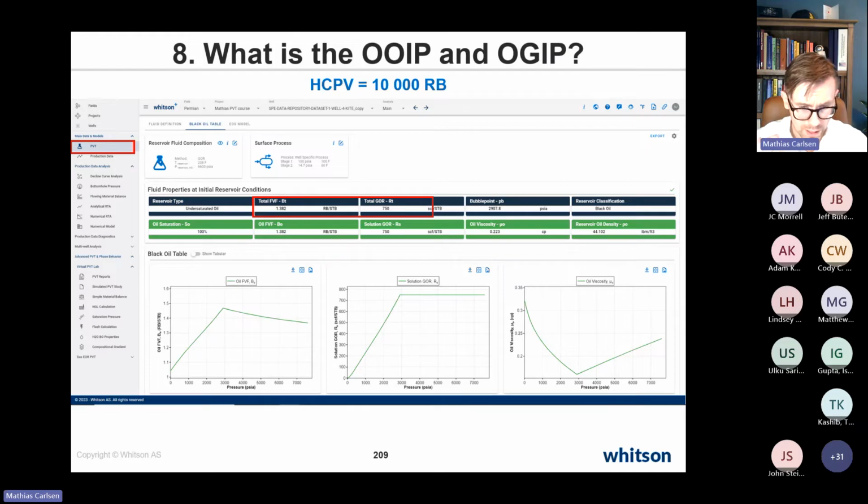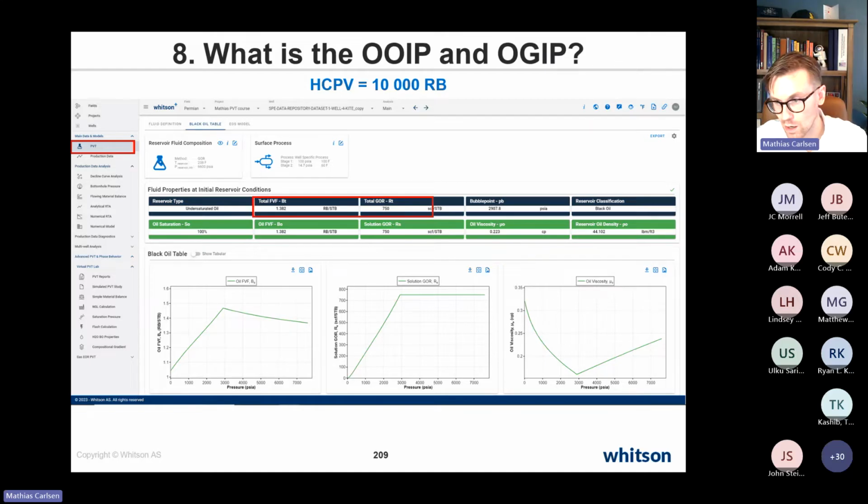And we know that if a hydrocarbon pore volume is 10 million barrels, and we bring that to surface, it should shrink, because that's what oil likes to do. So if we do the first one, the oil in place is equal to 10 million divided by 1.382. It gives me 7.2 million barrels.